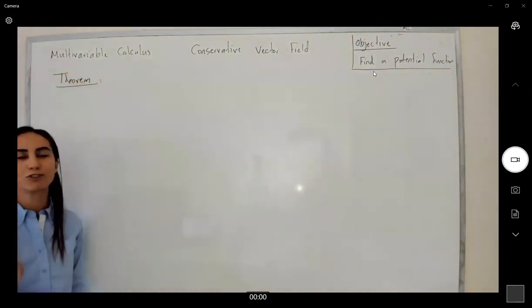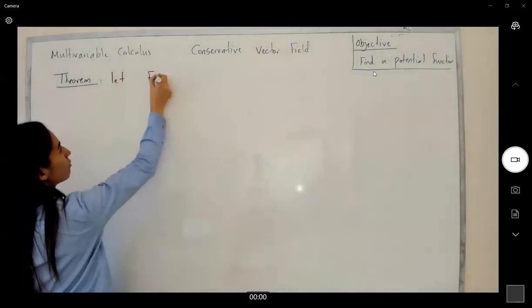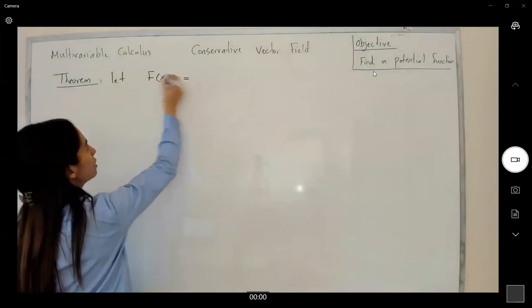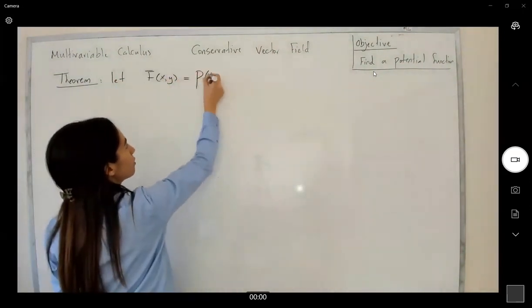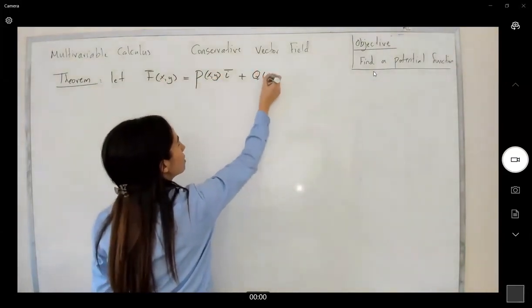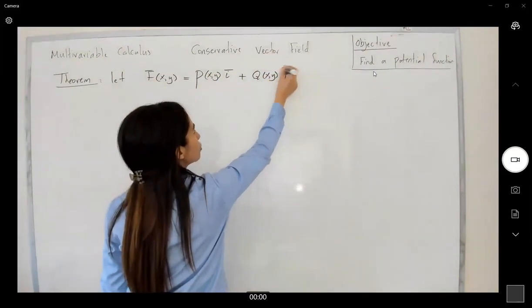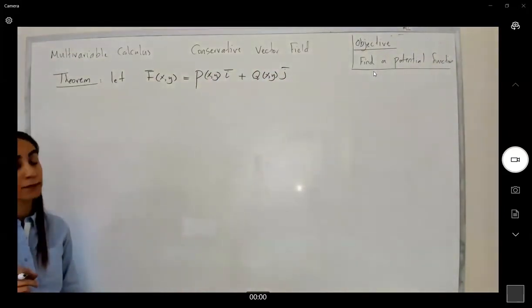First of all, suppose you have a vector field. Let F of x and y be a vector field defined this way: P of x and y i plus Q of x and y j. So this vector field has two components.